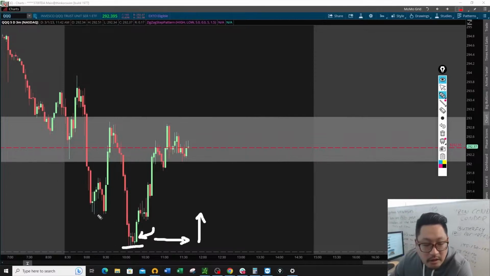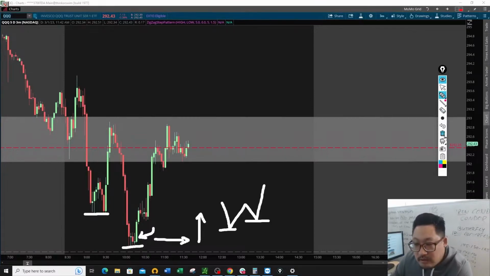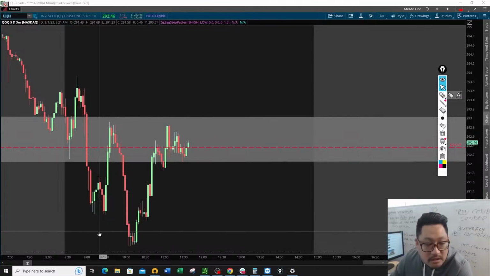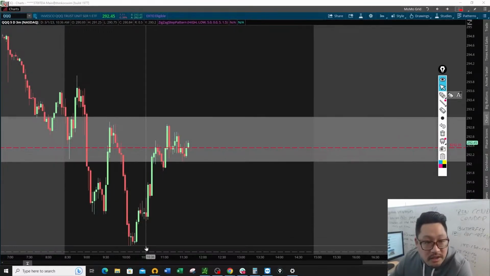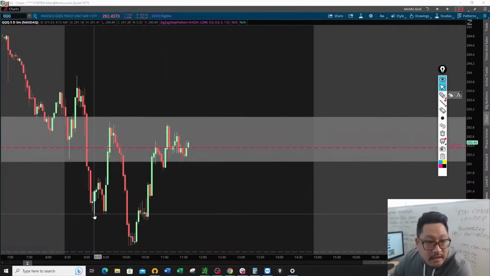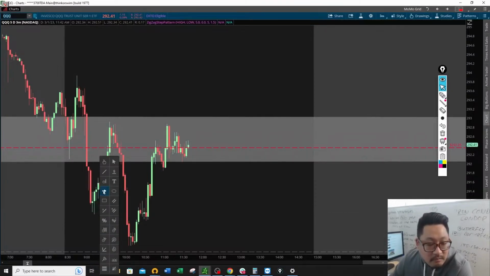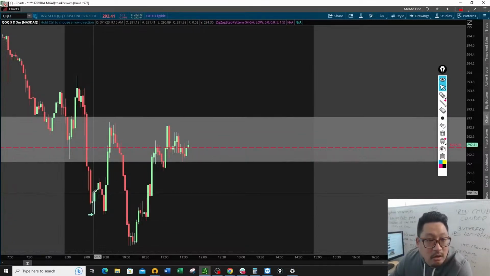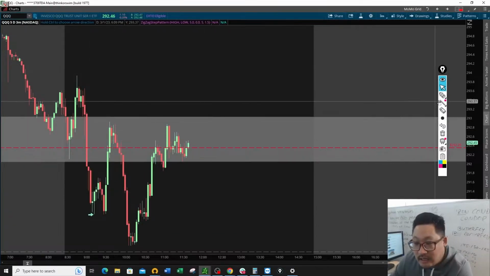Some of you may already know what a double bottom pattern is, but there's also something known as a higher low reversal. That's going to be important to understand, because if we look for this W pattern near the lows of the day, that is what's known as a trend reversal sign. So if I point out this low right here where that green arrow went, that low was at 290.89.